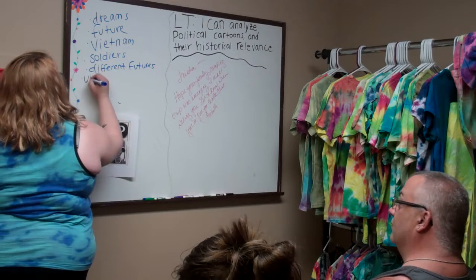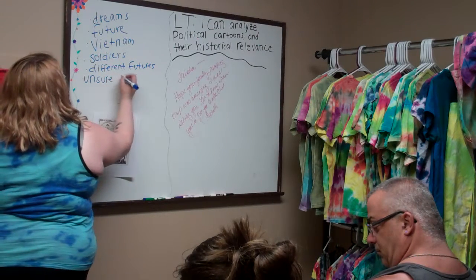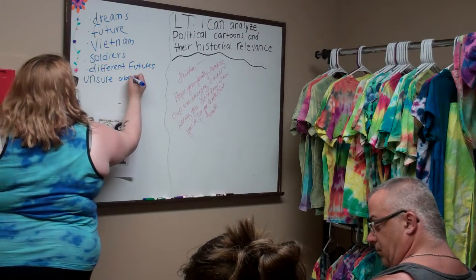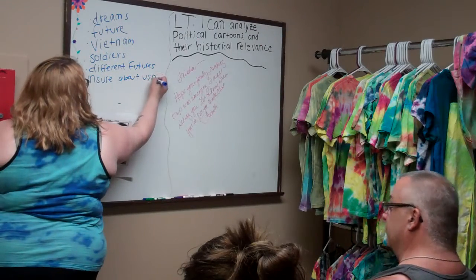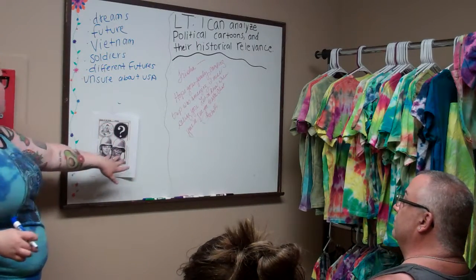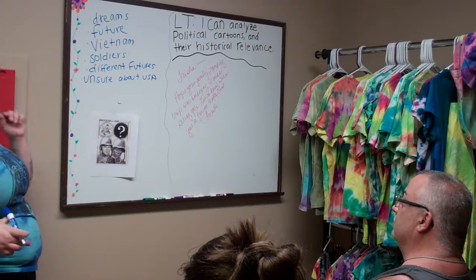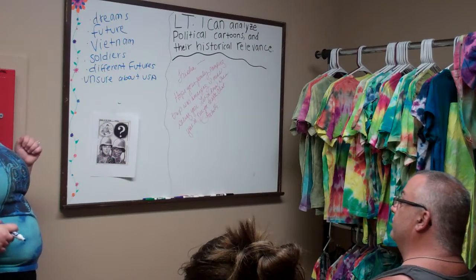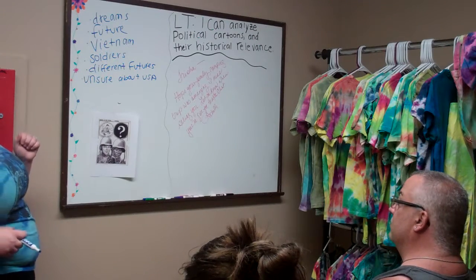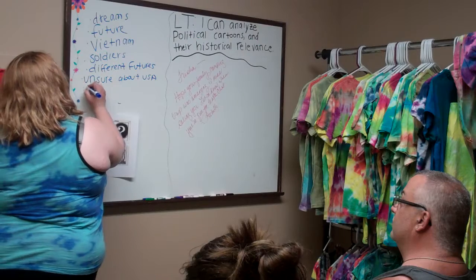Unsure about America. That's a really good point. The futures, what they were coming home to. Yeah, and so do you think that before these two men were in the war together, they had pretty similar lives? Do you think they had different lives? Different. How come? Skin color. Exactly. That's a really big deal.